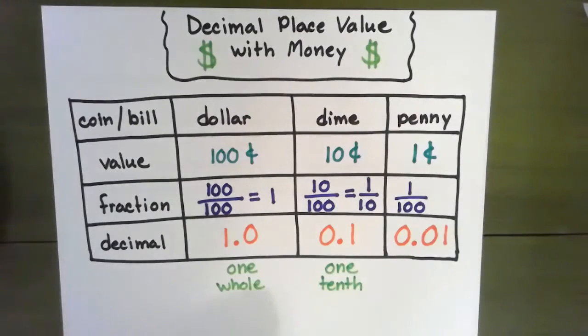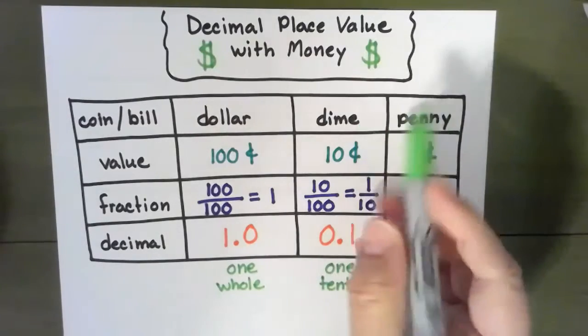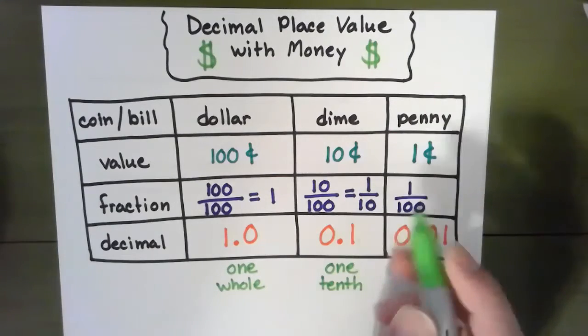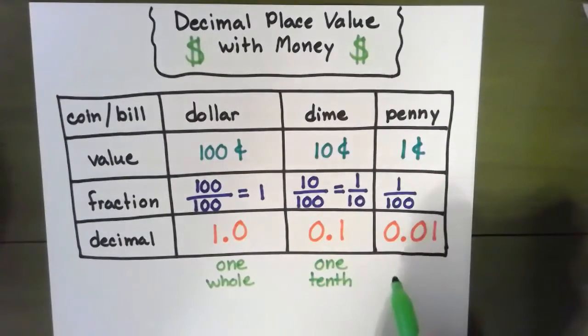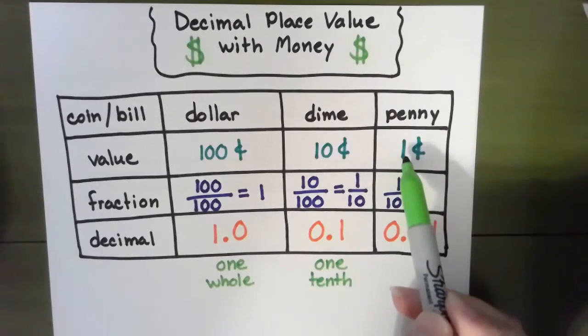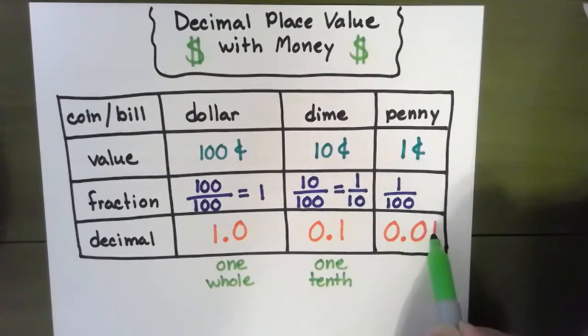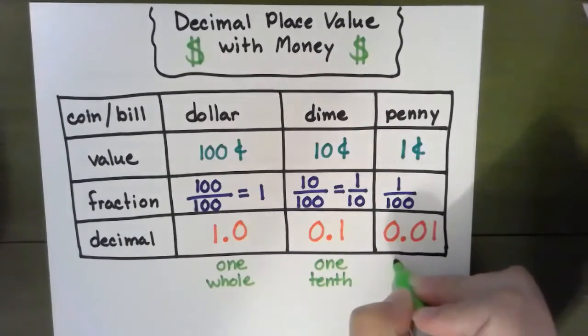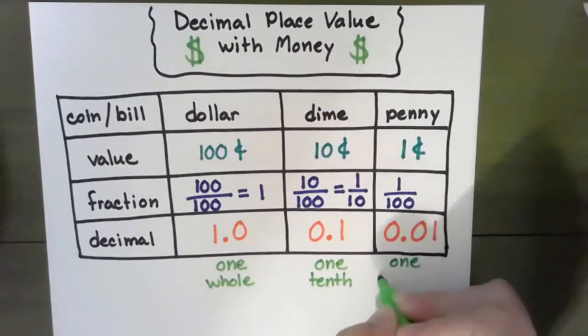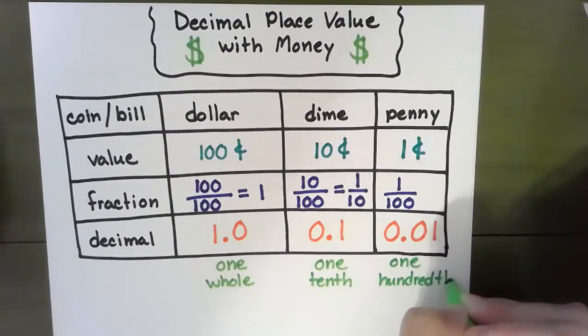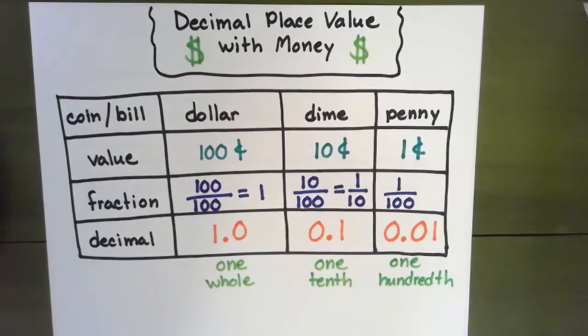So when we're working with a problem that mentions dimes, we can think of it as tenths in all those other problems that we've done involving decimals. That means that our penny, which represents 1 cent, 1/100th, 1/100th in decimal form, is 1/100th in word form.